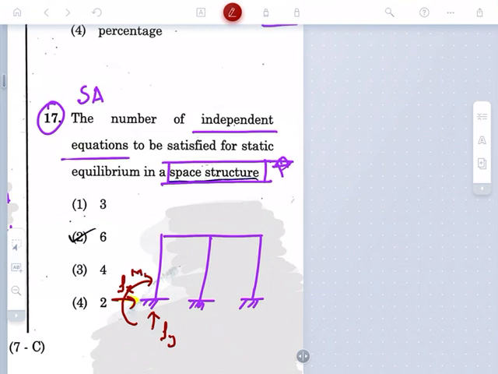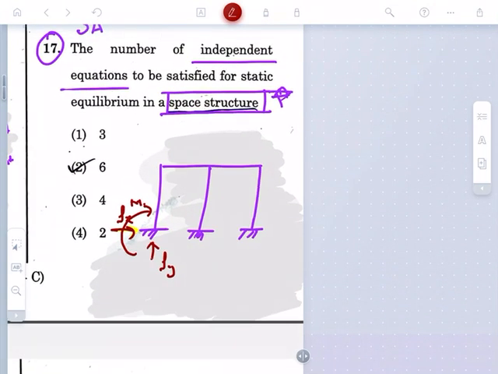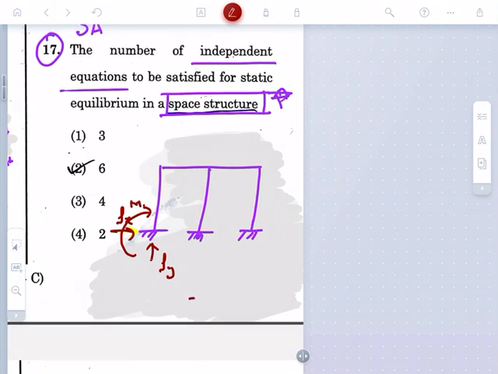So the total independent equations with respect to this frame structure is 3. What I have written in the figure is a 2D structure. But in the question, this is the trap point I am telling you.